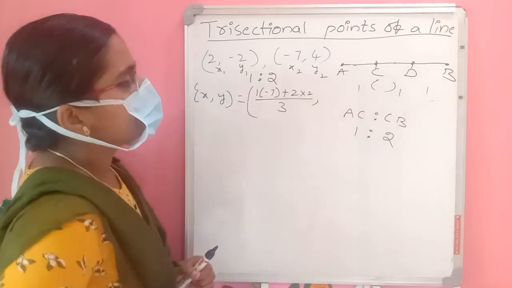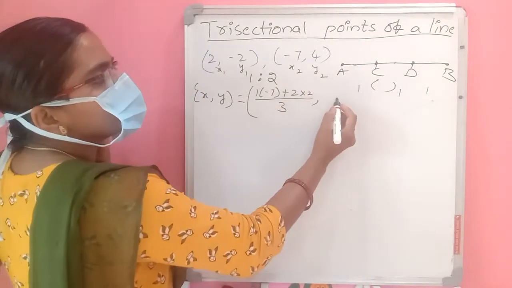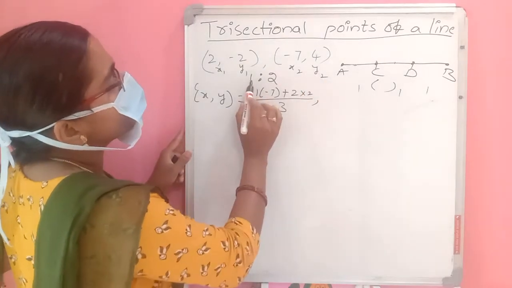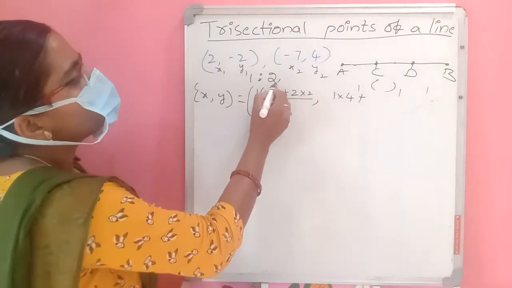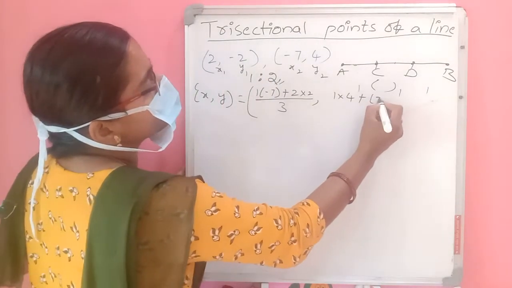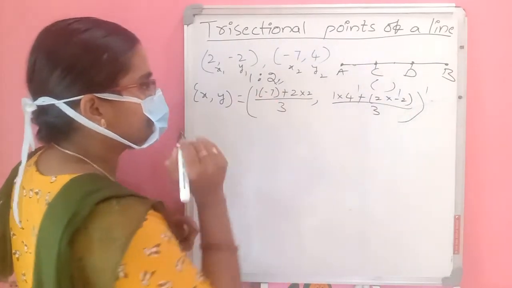Next, y is m1 y2, 1 into 4, plus m2 y1, 2 into minus 2, by 1 plus 2, 3.